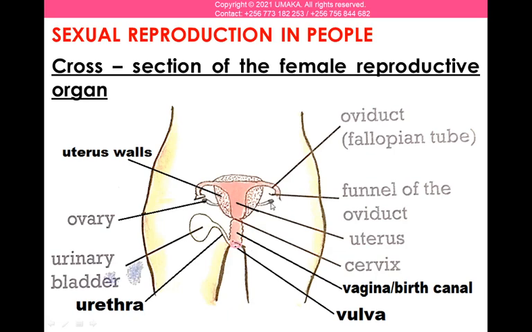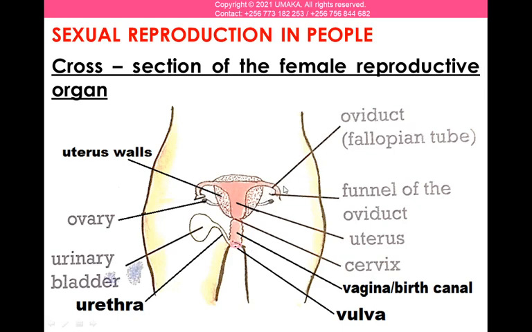Then this one here, you know very well that it is the what? The ovary. And we say there are two ovaries. Funnel of the oviduct is here. Uterus walls or uterine lining, this one is here. Then we have the oviduct, which you also call the fallopian tube.